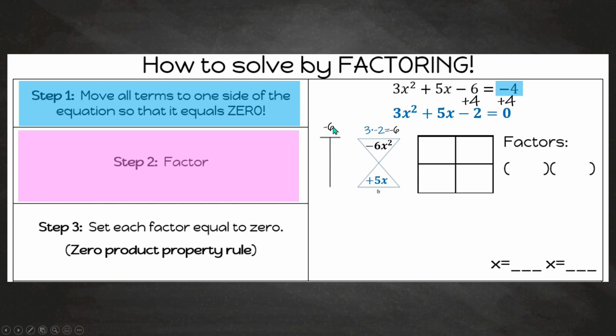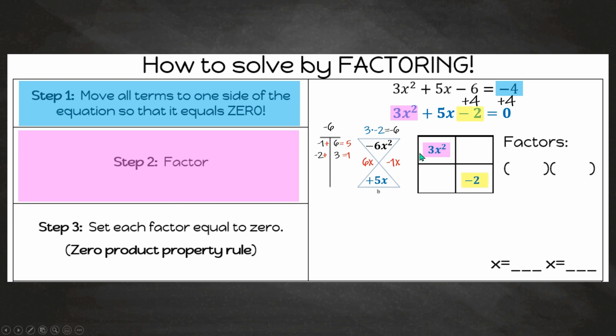What two numbers multiply to give us negative 6 and add together to give us a positive 5? We have negative 1 and 6, negative 2 and 3. Those are two possible answers. Negative 1 plus 6 is equal to 5, so those are the factors I'm going to use in my hourglass, and that's how I'm going to fill in my area model.